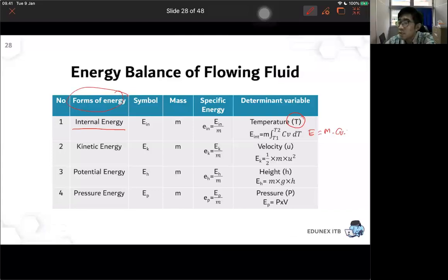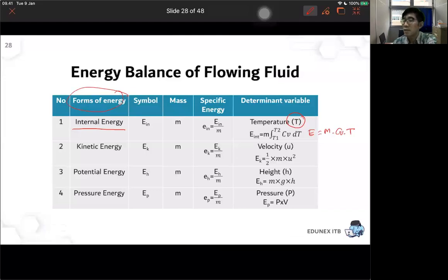Yes, mass times Cv times the temperature. Temperature is compared from a certain level of temperature to the temperature of the flowing fluid. Maksudnya tadi itu, jadi pengukuran temperaturnya itu biasanya didasarkan antara beda temperatur. It is based on the temperature difference from the flowing fluid to a standard temperature, for example 0 degrees C or room temperature.